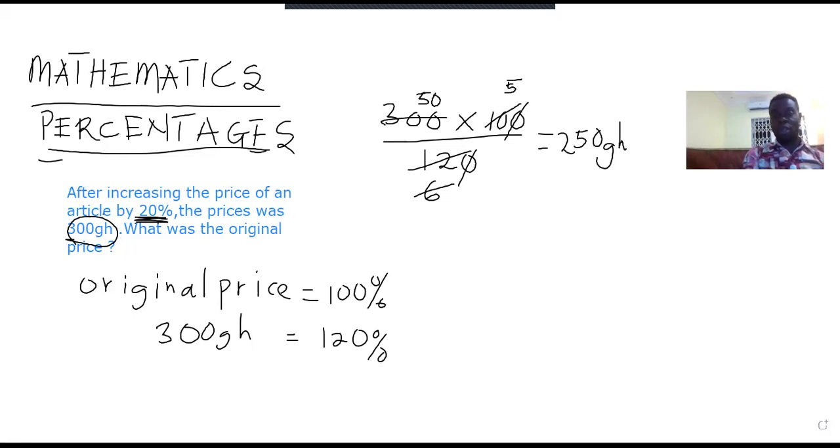So 50 times 5 gives us 250 GH. Good. That is when they ask you to find the original price. Let's take the second question.